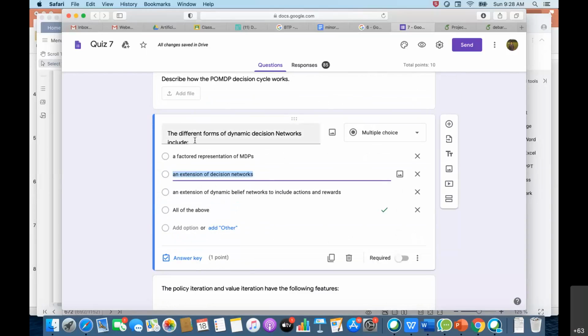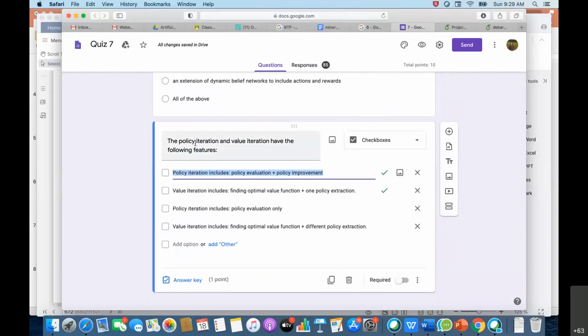Now the difference from the dynamic decision network: different forms of dynamic decision networks include all these three. That is a factored representation of POMDP, the extension of a decision network, and the extension of a dynamic belief network to include actions and rewards. So all of these should be valid.